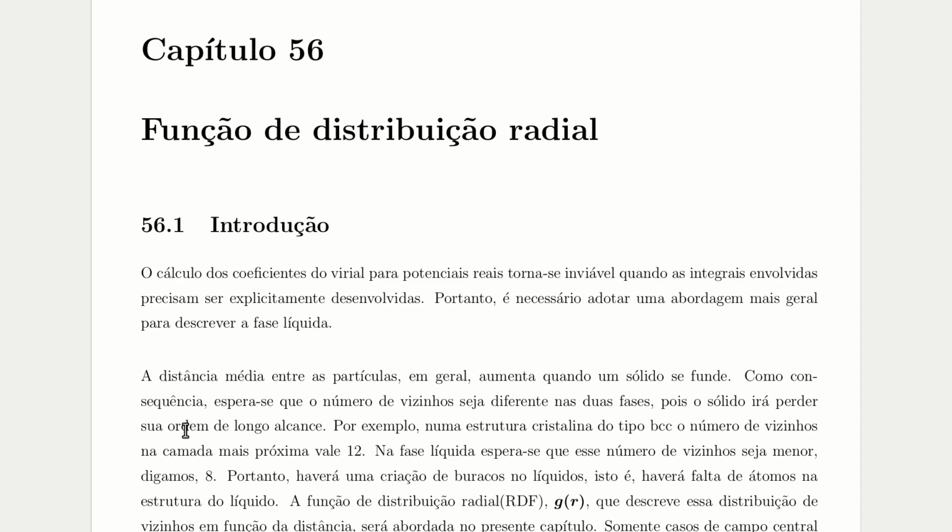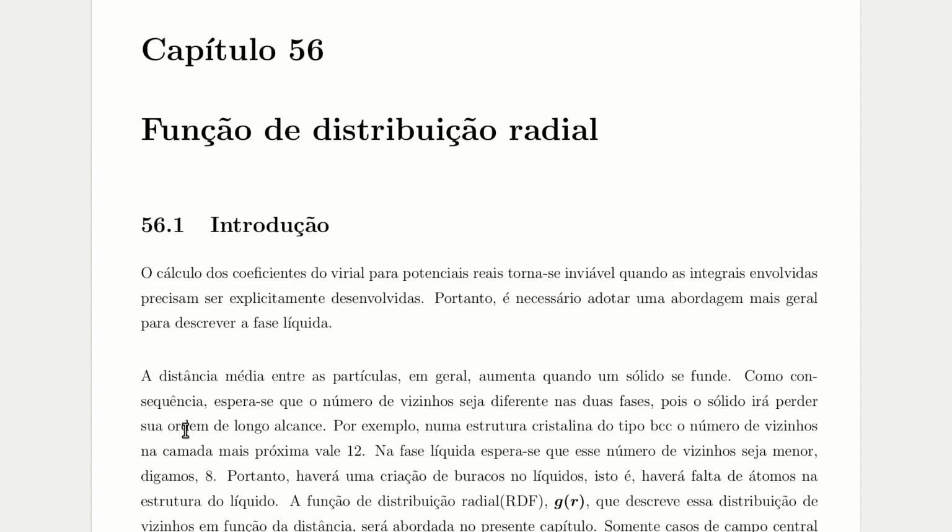Liquids do not have the order of a solid, neither the disorder of a gas. So it's something in between, and the correct way to treat liquids is not through the virial expansion, as you may realize.